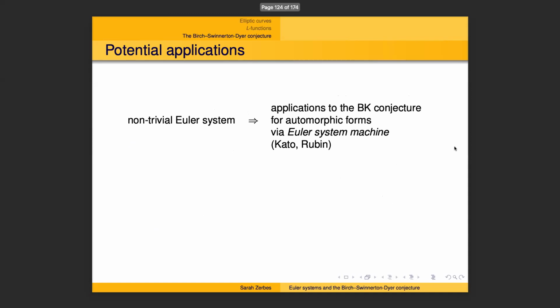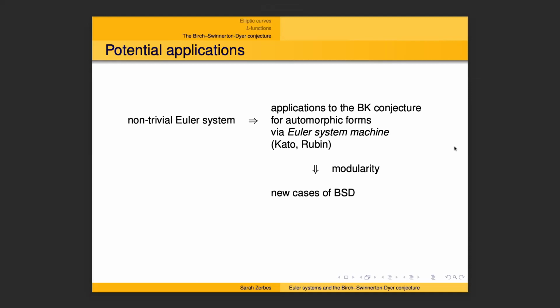Okay, so suppose now that we have an Euler system for such a Shimura variety, and suppose it is non-trivial, and this is important, and I'll come back to this later. So suppose we have a non-trivial Euler system, then we can use a very well-established tool, due to Kato and Rubin, which says such an Euler system has applications to the Bloch-Kato conjecture for the automorphic forms attached to that Shimura variety.